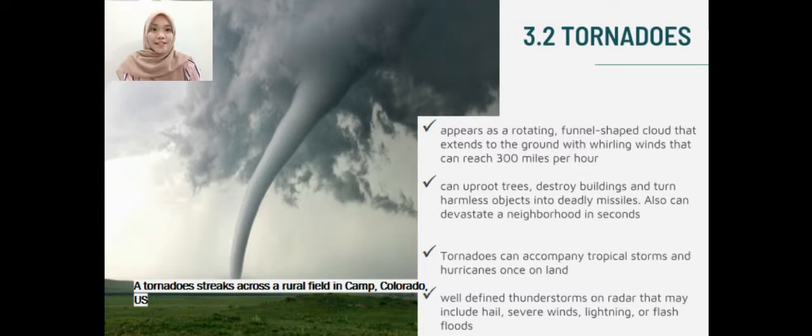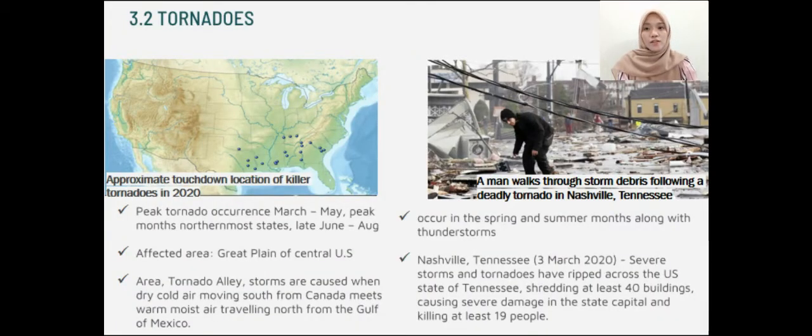Tornadoes are really dangerous because once one happens, the other thunderstorms on radar may include hail, severe winds, lightning, and also flash floods. Actually, tornadoes can form at any time of the year, but they mostly occur in the spring and summer months.